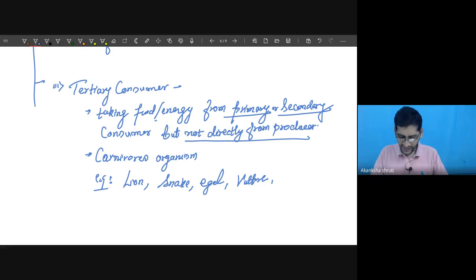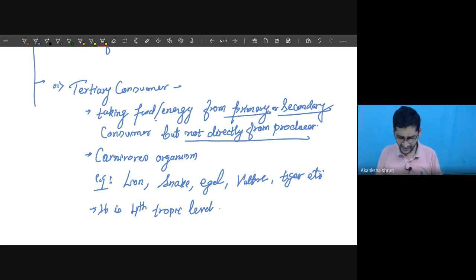So eagle and many others, tiger, they fall in this tertiary category. It is which level? Fourth level, or fourth trophic level.